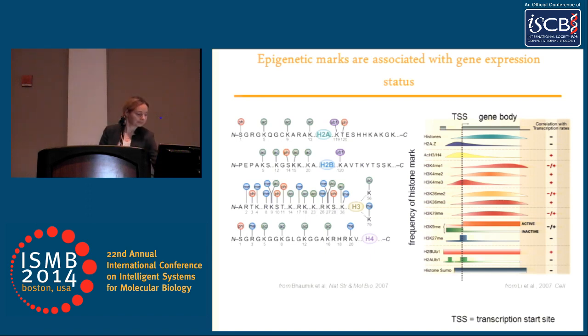So for example, the trimethylation of lysine 27 on histone 3, when this mark is found on the promoter region, it means that the gene is probably silent. And if you see this mark H3K36 trimethylation on the gene body, this means that probably the gene is transcribed.